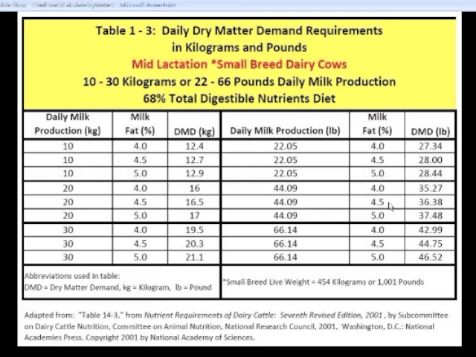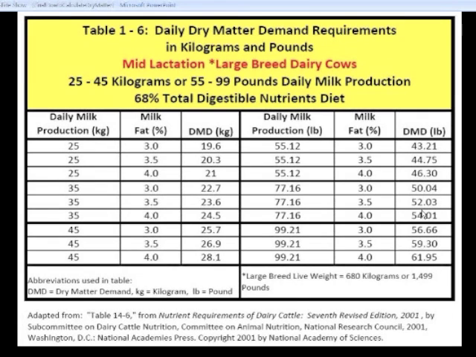But if this cow's making 4.5% fat, 44 pounds of milk, this table is predicting that the cow is eating 36.38 pounds of dry matter per day. So if you have a group of Jerseys, and they're on average making 44 pounds of milk, then this would be the number that you would use.